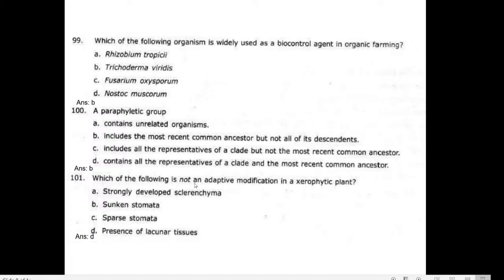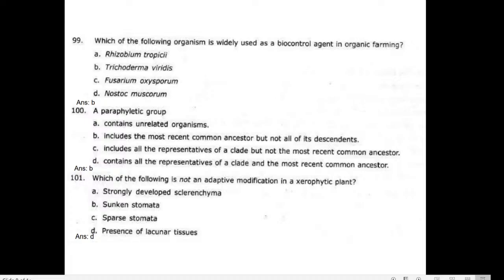Which of the following is not an adaptive modification in a xerophytic plant? Here, this kind of thing is in the latest research. Xerophytic plants have an adaptation to survive in a particular environment.